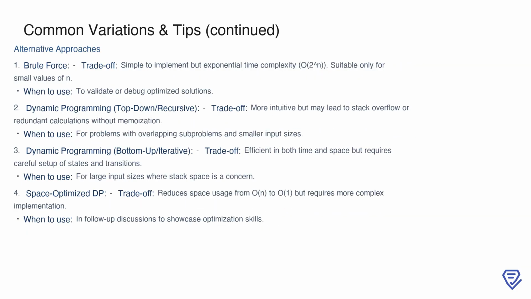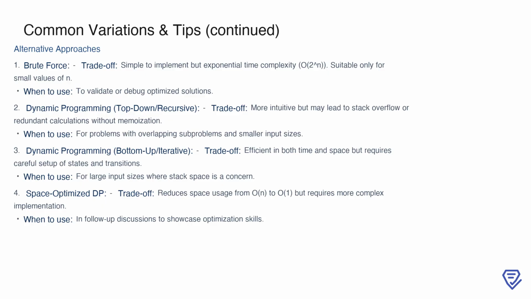There are several approaches to solving this problem, each with its own trade-offs. Brute force is the simplest to implement but comes with exponential time complexity, making it suitable only for very small values of n. It can still be useful for validating or debugging optimized solutions. Dynamic programming, whether implemented in a top-down recursive style or a bottom-up iterative style, is a more efficient approach.